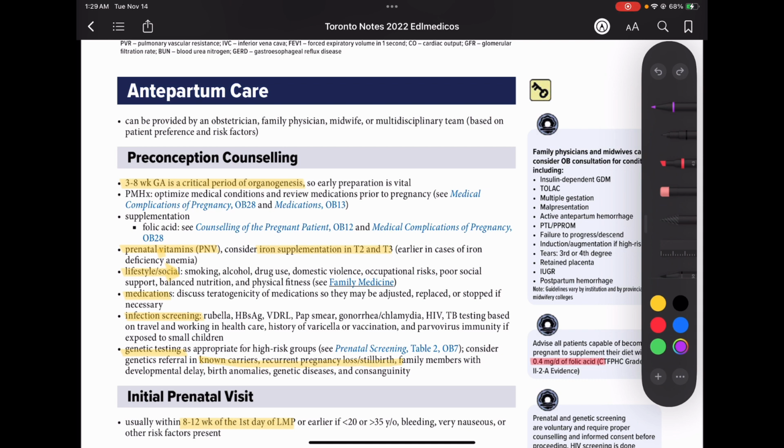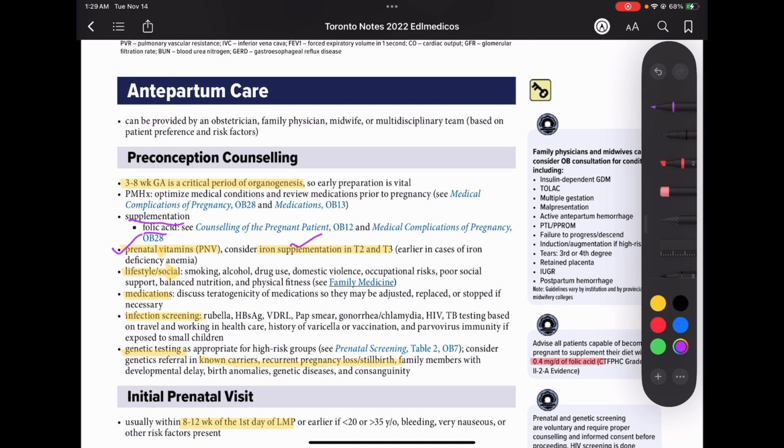In preconception counseling, we talk about past medical history, we optimize medical conditions, and we review the medications. If the medications have any teratogenicity, we alter them, change them, switch them, or decrease the dosage. Then we start supplementation that might include folic acid, prenatal vitamins, and iron supplementation, which are mostly required in the second and third trimester, but you can also take them earlier if you have some anemia.